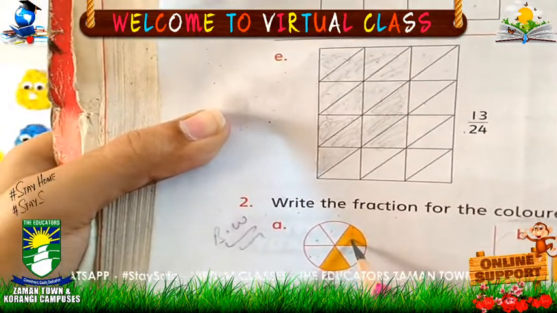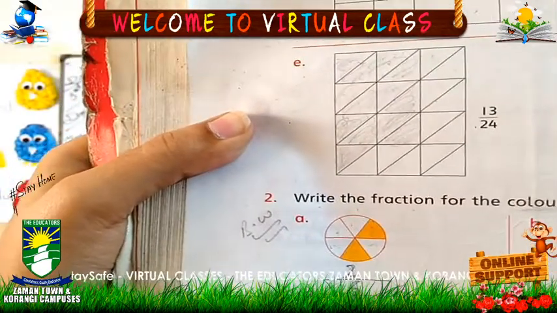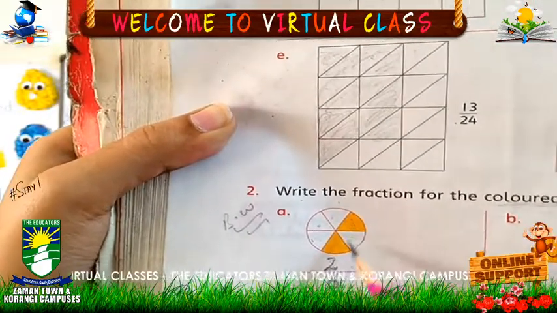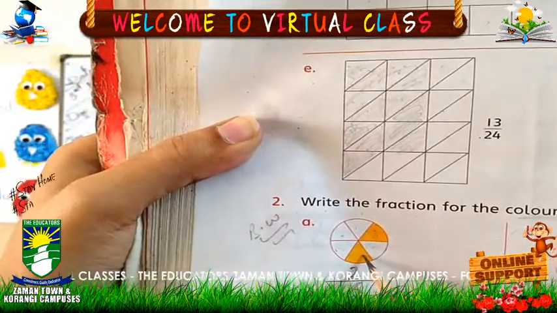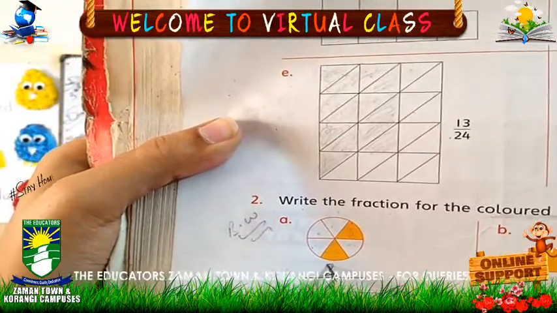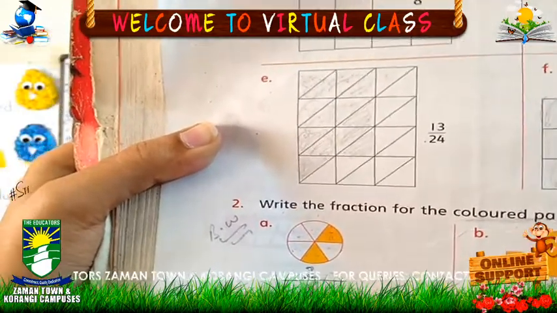How many equal parts are here in this figure? 6. Okay, and how many colored parts are here? 1 and 2. Okay, we will write 2 at the upside and the total number of equal parts downward.